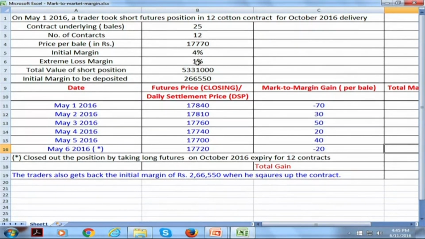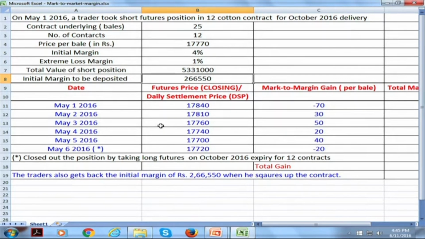Initial margin and extreme loss margin is 5%. So total value of the short position is 5,53,31,000. And how much margin is to be deposited? Margin to be deposited is 5% of this value.